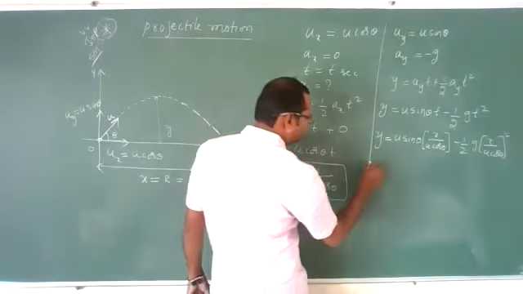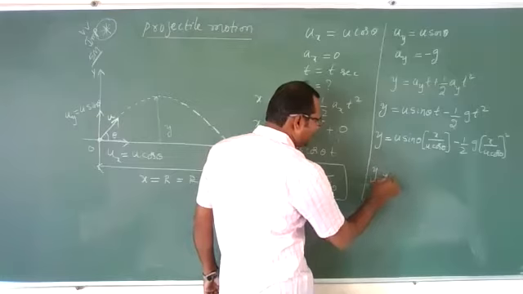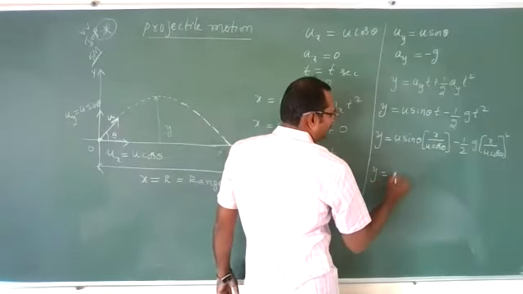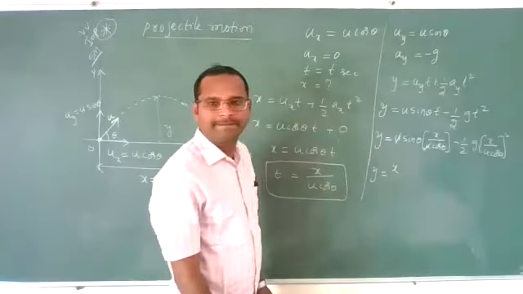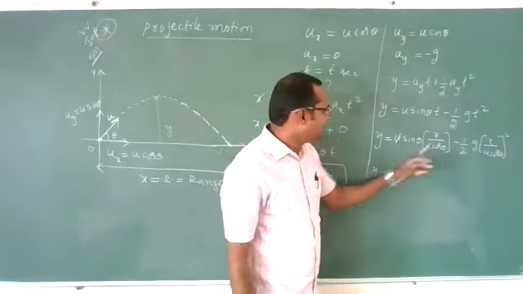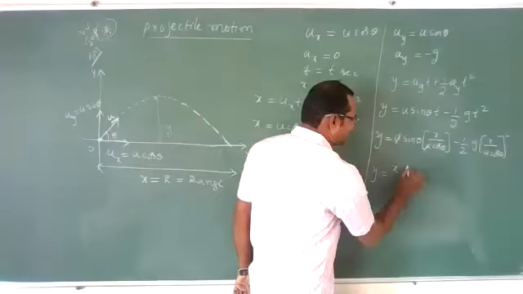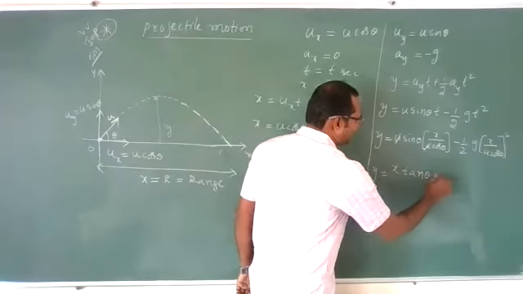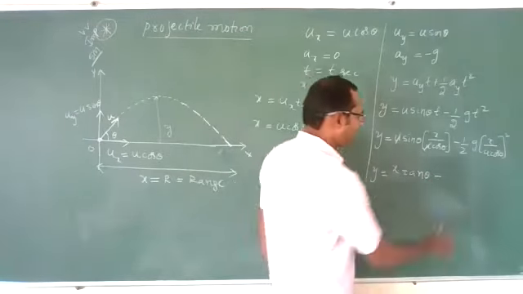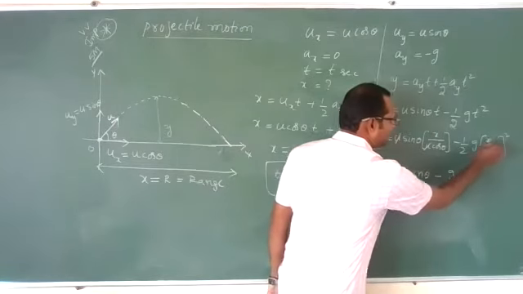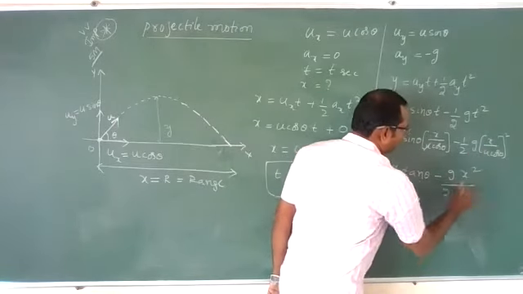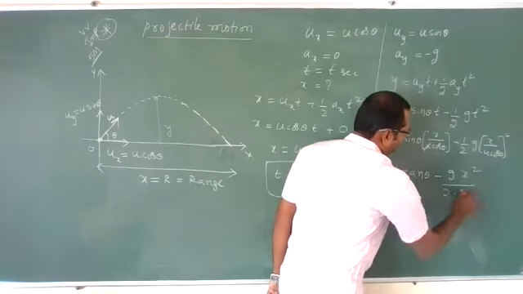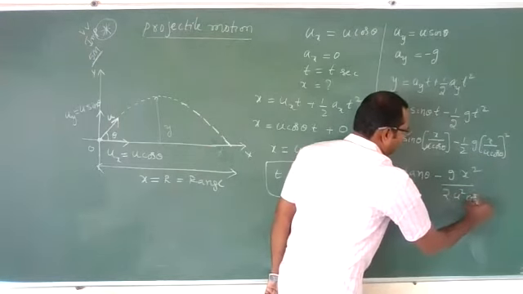This equation becomes y is equal to x, with u cancelling, sin theta by cos theta is tan theta, so y is equal to x tan theta minus g x square upon 2 u square cos square theta.